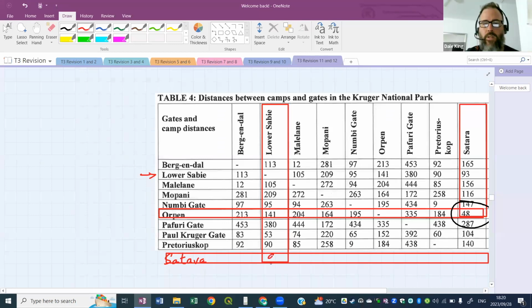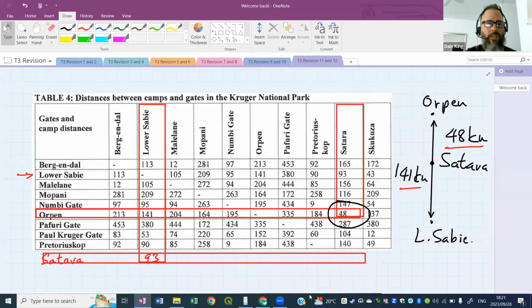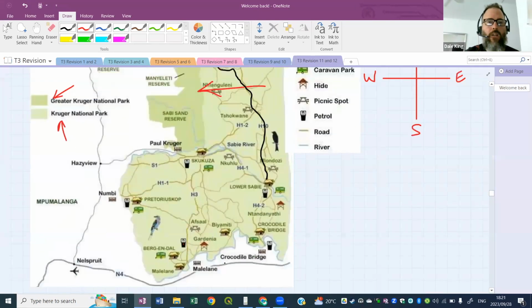For example, if this was 93 kilometers from Satara to Lower Sabi, we could do it. But I don't have that information, so we're going to have to actually assume. Can't really do it. We don't have Satara on our left-hand side. Well, I would say yes, but we can't really prove it until we had this number here, which is not really on our table. We can look at the map.